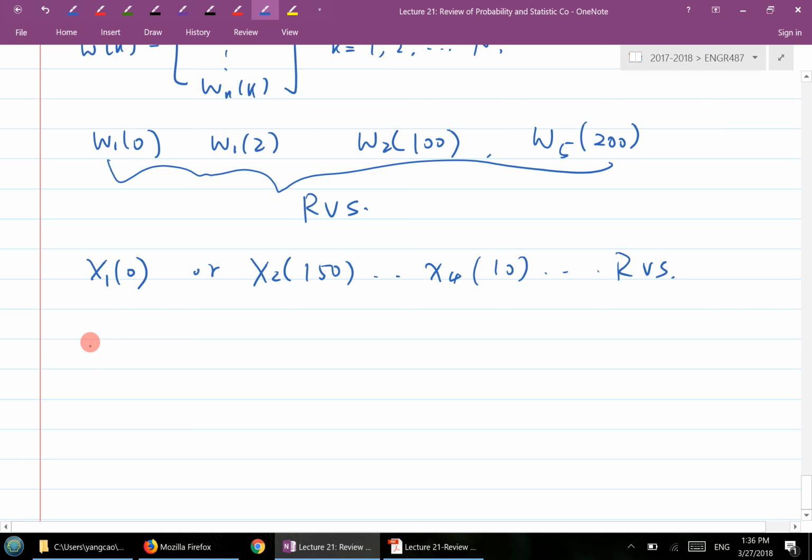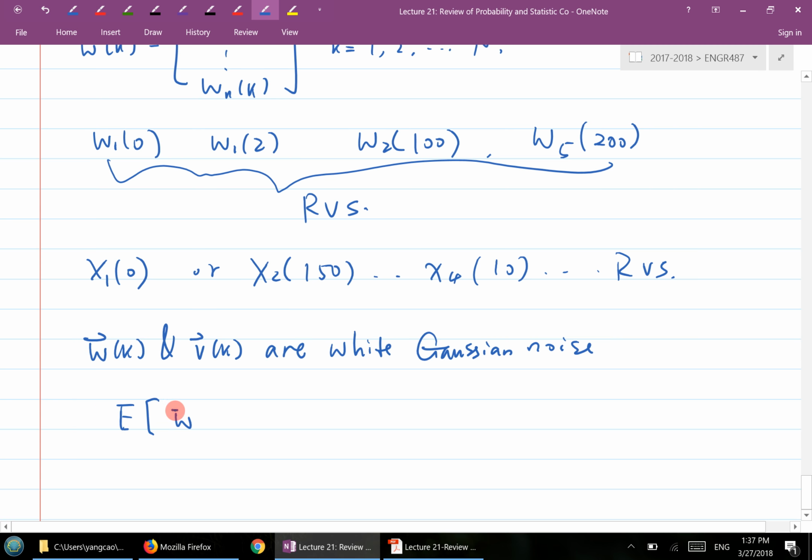But bottom line is, as we said, our process noise and the measurement noise are white Gaussian noise. And technically, they're also zero mean. So the expected value of these two noises will be 0.